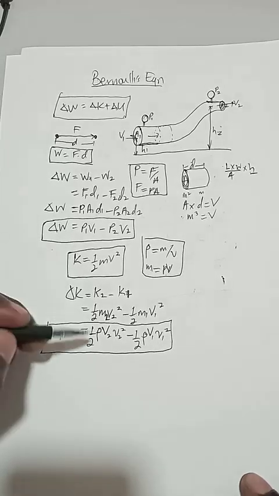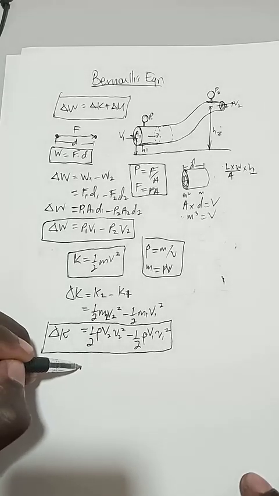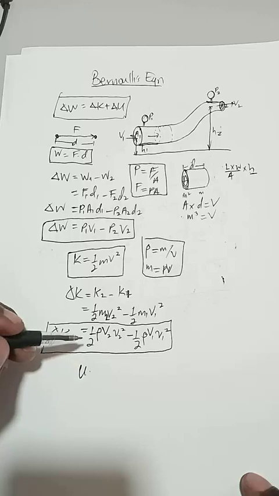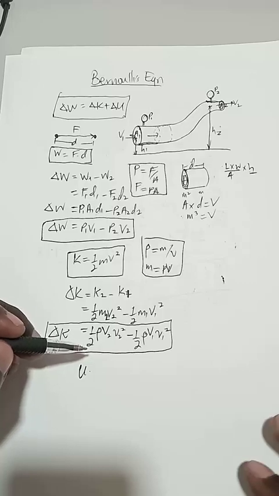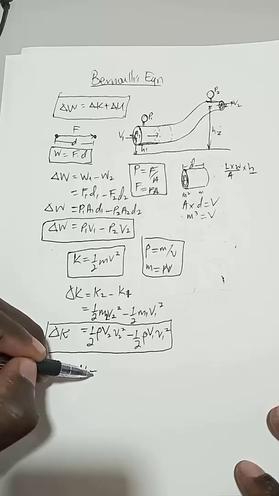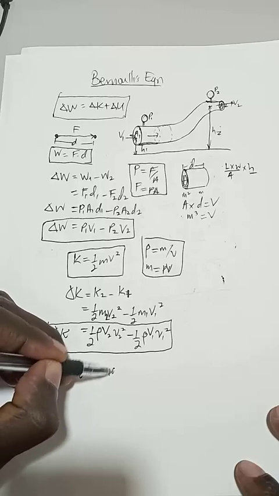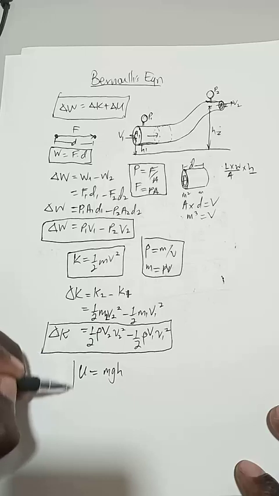Now we find delta U, or potential energy. Remember, there is elastic potential energy and gravitational potential energy. This is the gravitational potential energy, mgh.